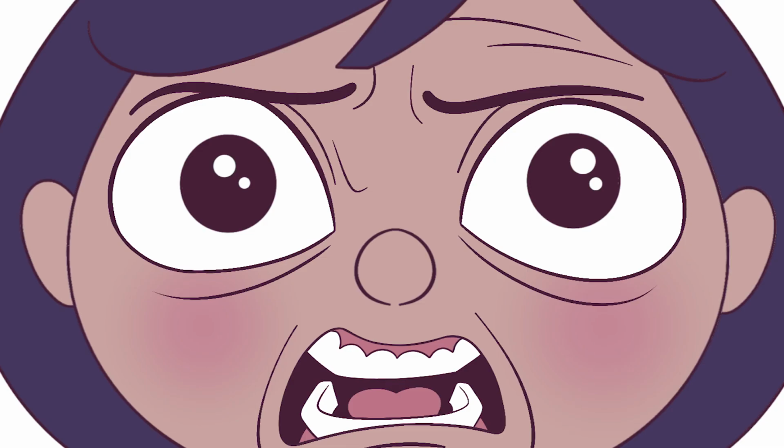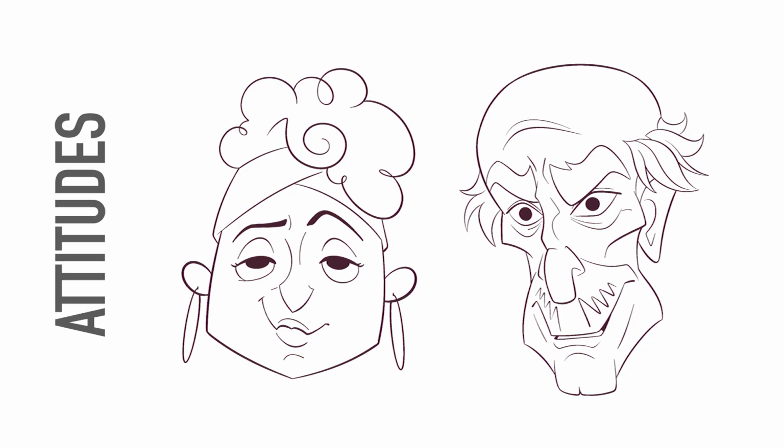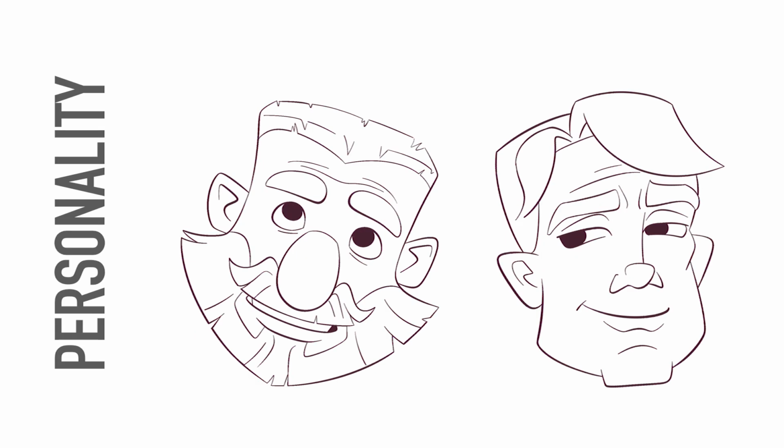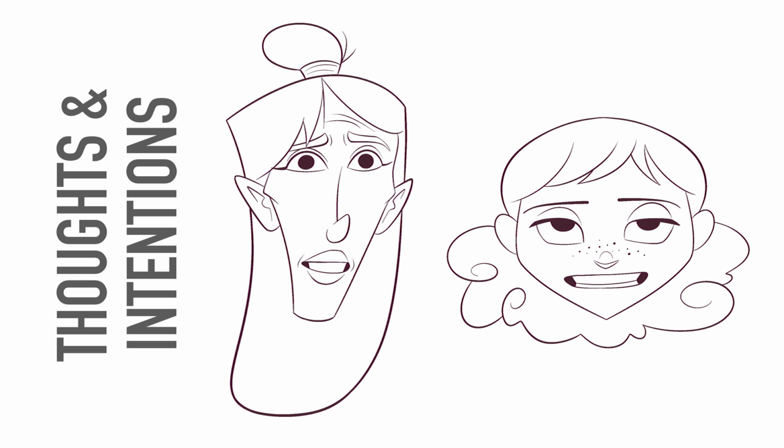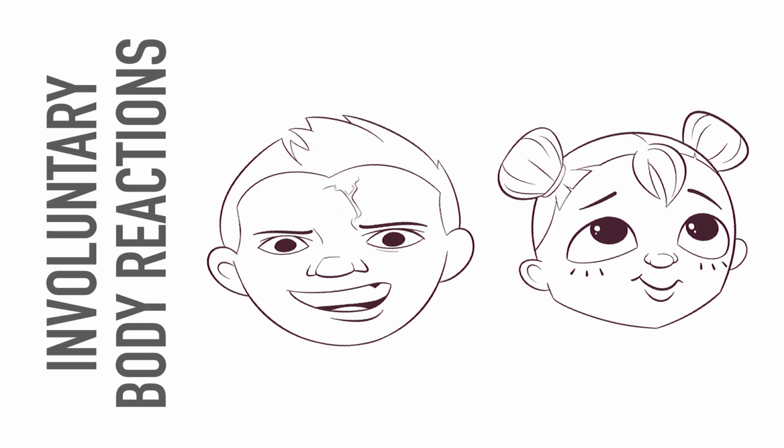There are more elements in play, such as attitudes, a sassy smile versus a malicious smile, or personality, a shy smile versus a cocky smile. What about thoughts or intentions? Smiling with worries on your mind versus a fake smile. Or even involuntary body reactions. Smiling with veins popping out of your forehead versus a smile with a blush.